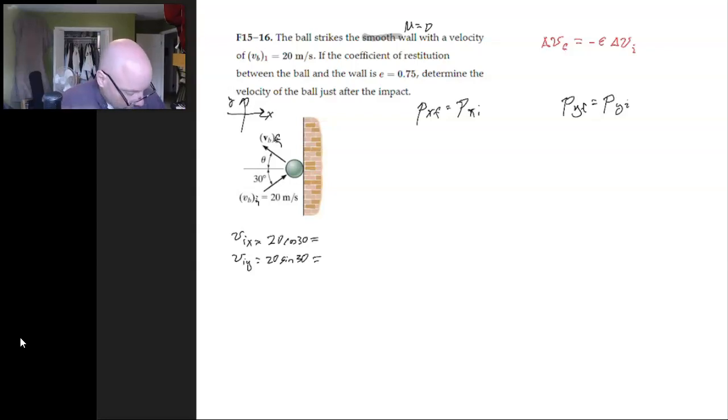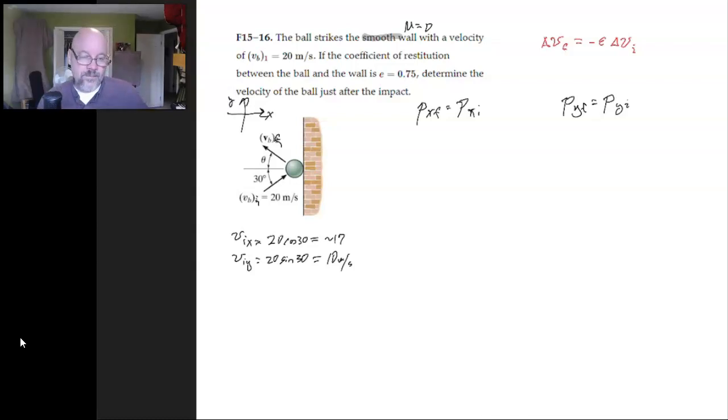All right. And once you work that out, 20 times the sine of 30 is 10. So that's 10 meters per second. And the other one is like, I didn't write it down. It's like 17 or something like that. Okay.